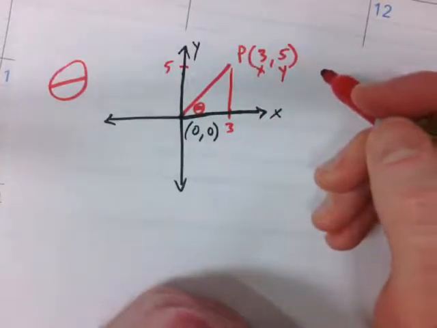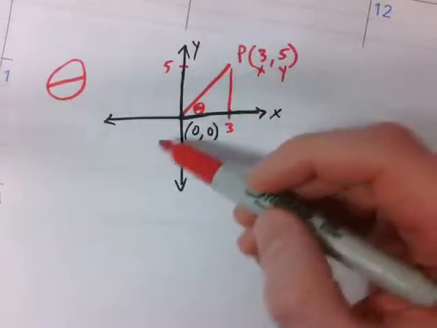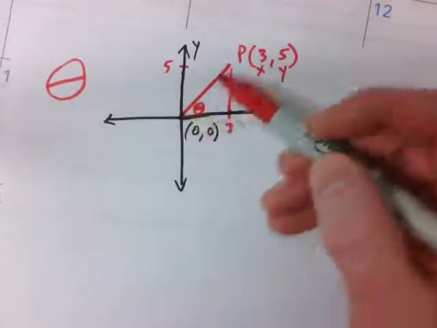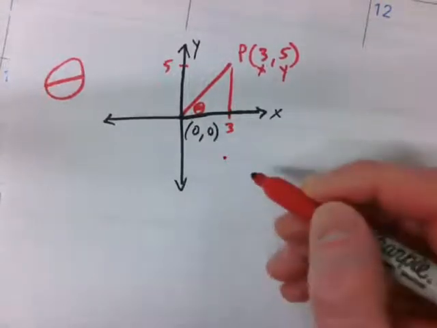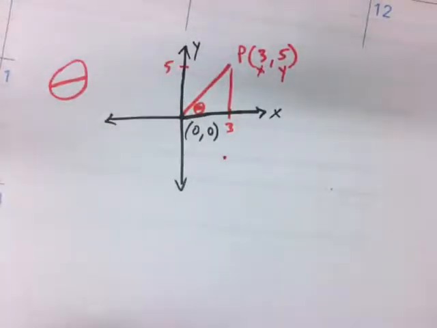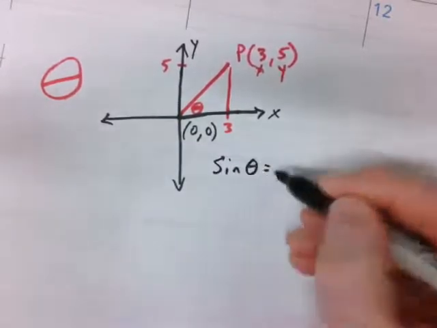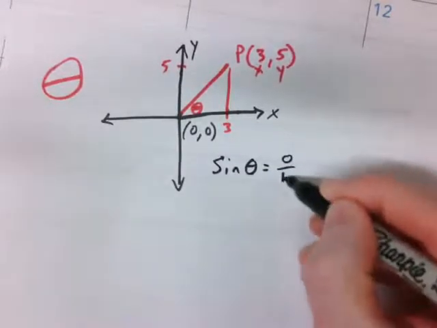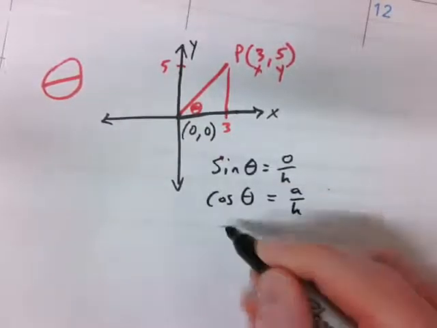Now, if you're doing primary trig ratios, you'll need to solve for the hypotenuse. Remember, sine of theta is opposite over hypotenuse. Cos of theta is adjacent over hypotenuse.